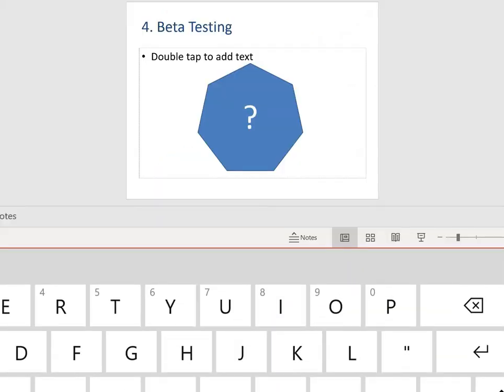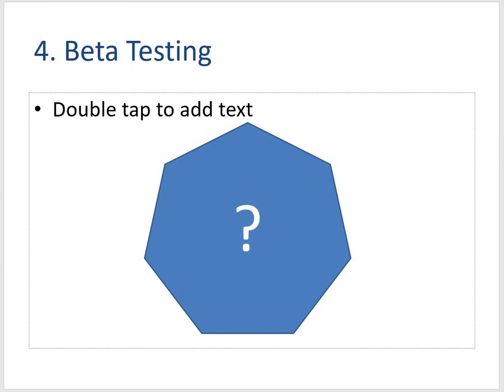Now next is your beta testing. The beta testing slide I have deliberately left blank because many times you might have observed that products are launched and are in beta mode.